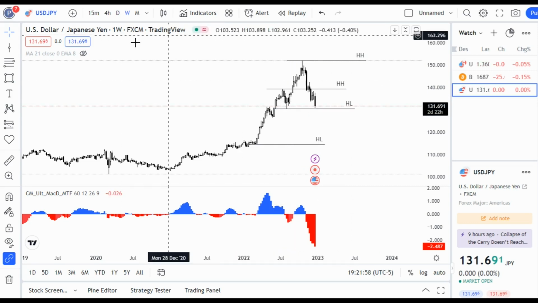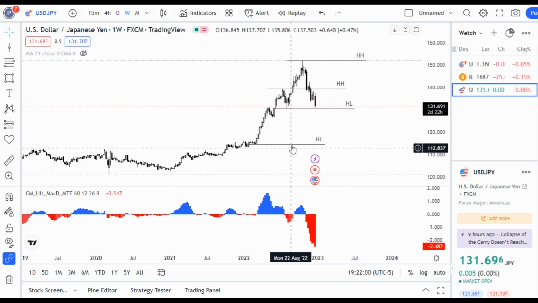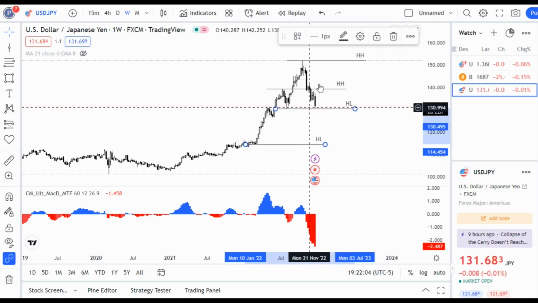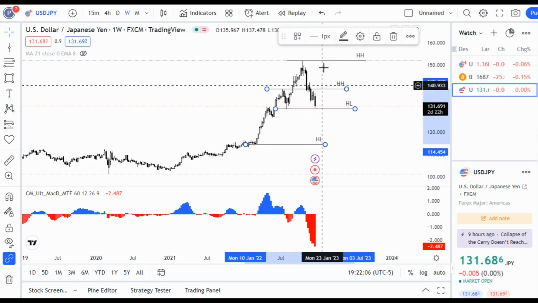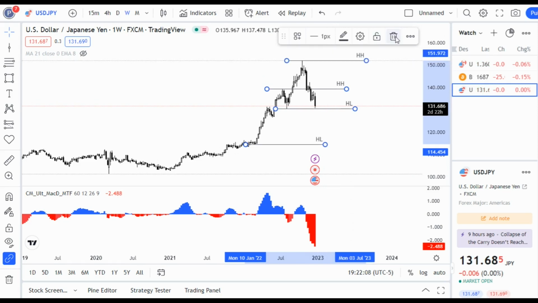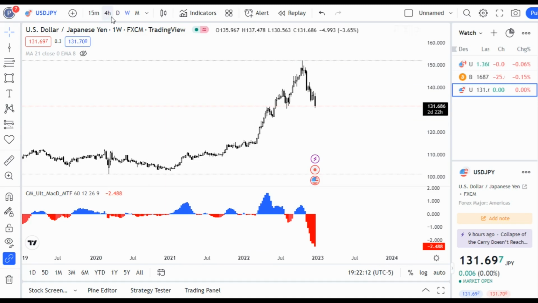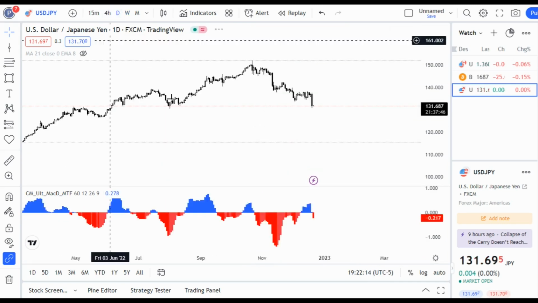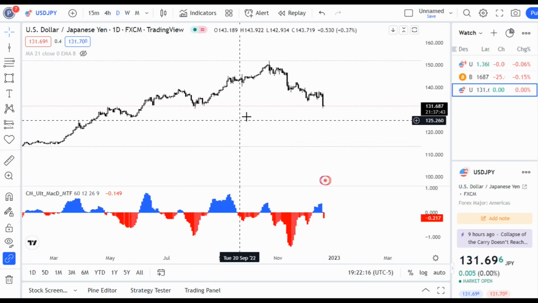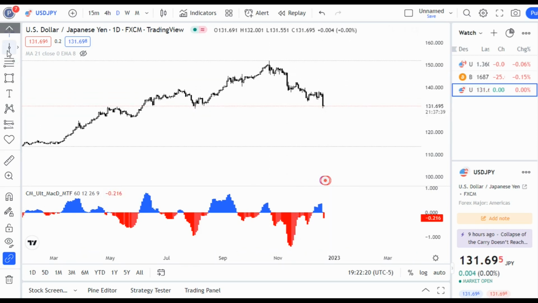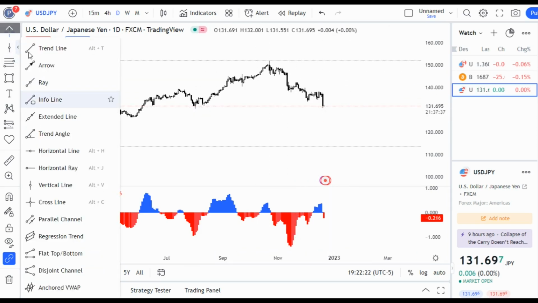So let's delete this one and proceed to the daily to see if we can identify higher lows with our eye observation, and we will also consider the MACD as well. So let me consider only this trend here in the daily.